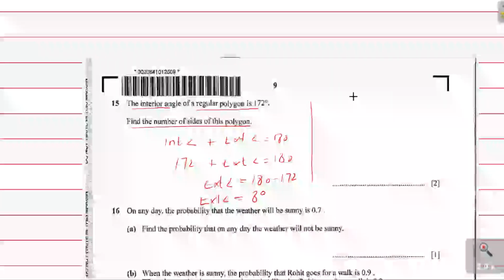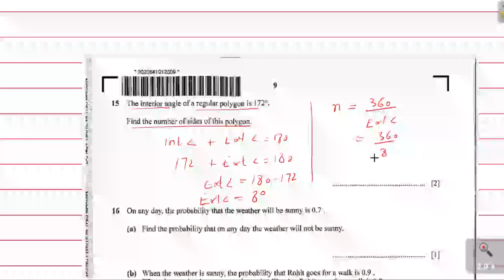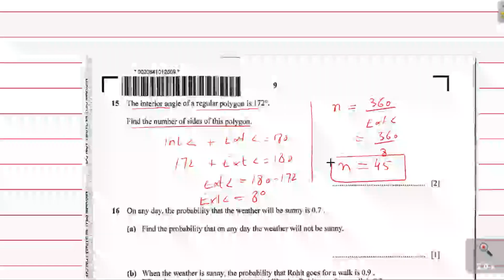This formula we will use to calculate the number of sides of an n-sided polygon. This is n equal to 360 over the exterior angle. Here the exterior angle is 8. Therefore 360 over 8 will be equal to 45. Therefore n equal to 45 is the answer.